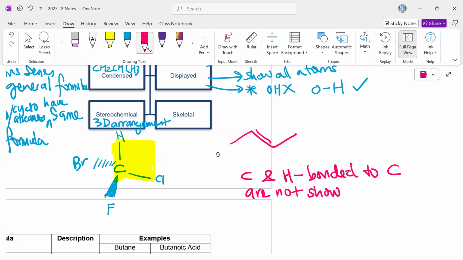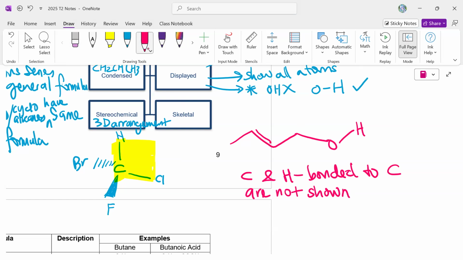But if we have a hydrogen that is bonded to oxygen, then we have to show it. Or a hydrogen that is bonded to nitrogen, we have to show it. But if the hydrogen is bonded to a carbon, then we do not show it.